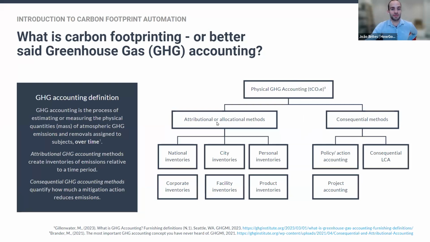If you're measuring the impact of an initiative that is outside of the system boundaries you're using, you can end up not seeing the unintended effects your initiative has outside of those boundaries. Talking about system boundaries, we can talk about national inventories, the emissions of a country, a city, ourselves as individuals, corporate emissions like Ingredion's, the emissions of facilities, or the emissions of products.